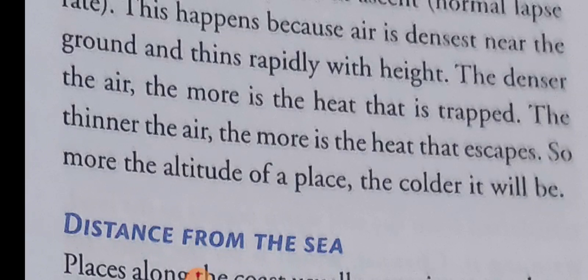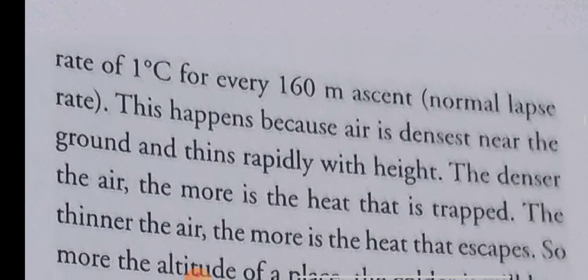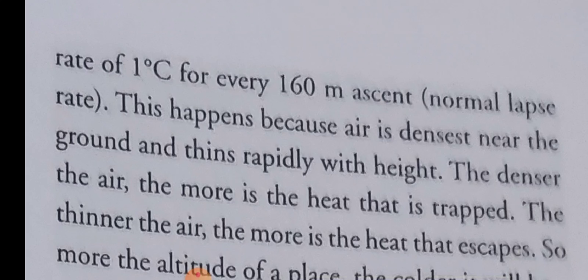Because in the troposphere, the temperature decreases at the rate of 1 degree Celsius for every 160 meters. And why does the temperature decrease? Because near the ground the air is denser than at height above the sea level.